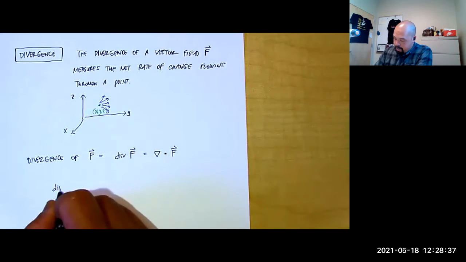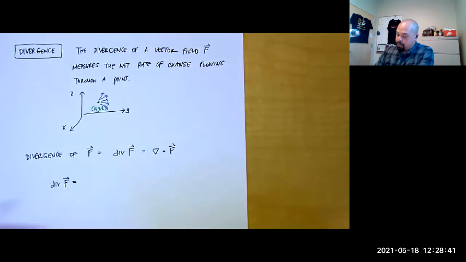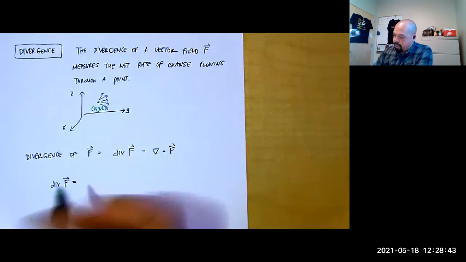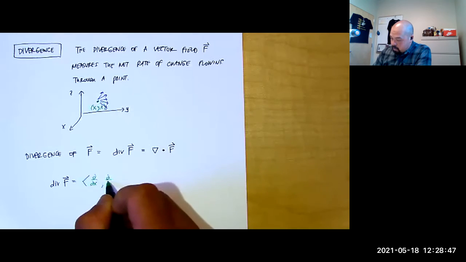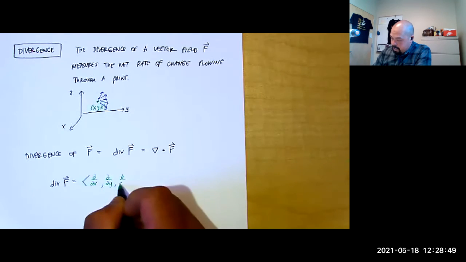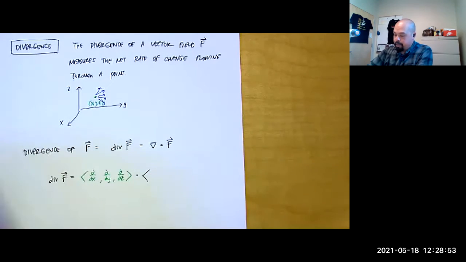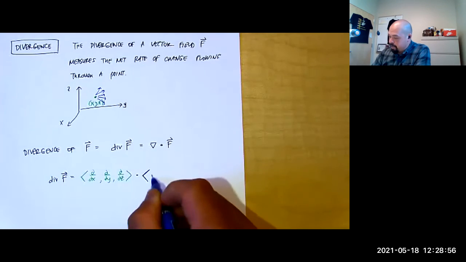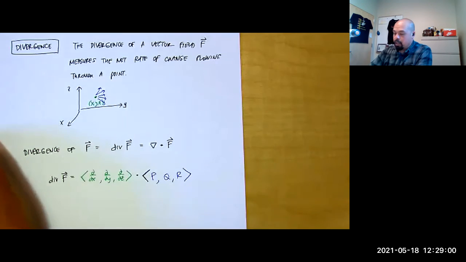It's going to be that dot product between (d/dx, d/dy, d/dz) dotted with that vector field (P, Q, R).